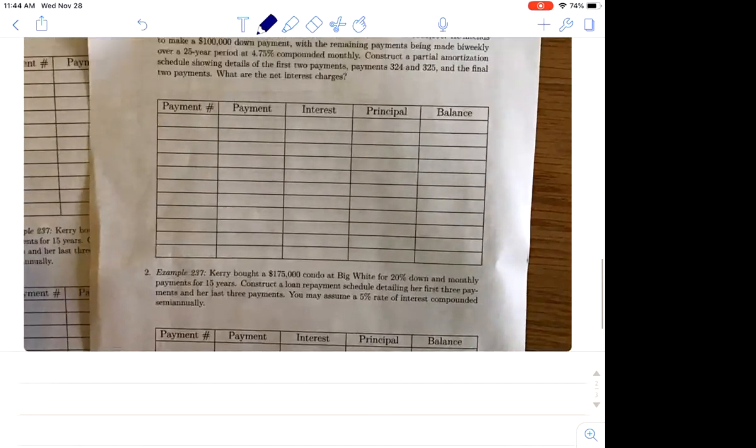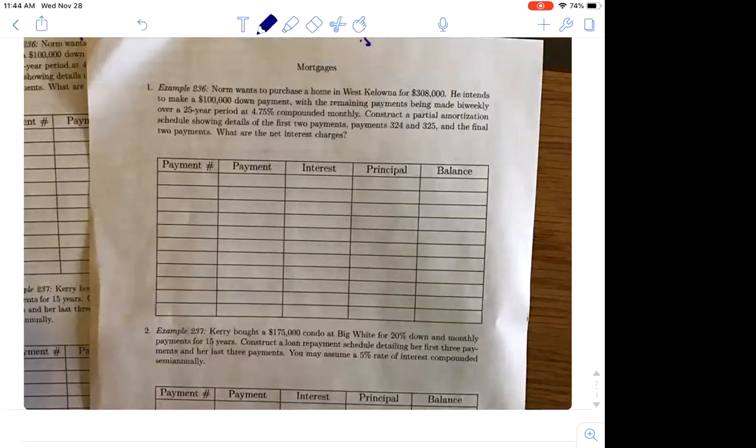So here, 0, right? Start filling this in, the payment amount.